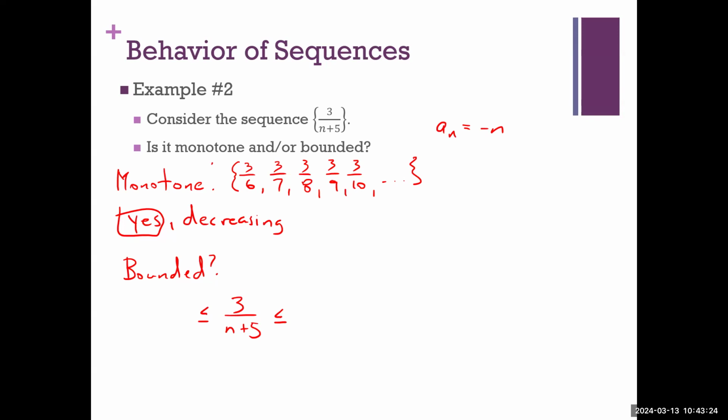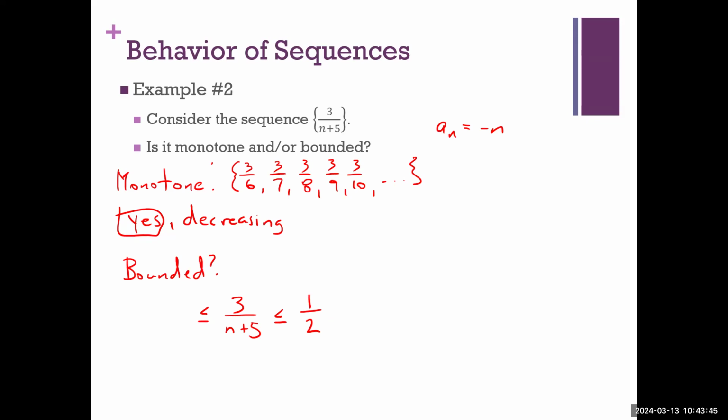If it's decreasing, it should have to be bounded above, because that means the first term is the biggest. If it's decreasing, the first term is the largest. So I think I can say this sequence is bounded above by a half. So the question really becomes, is it bounded below by anything?